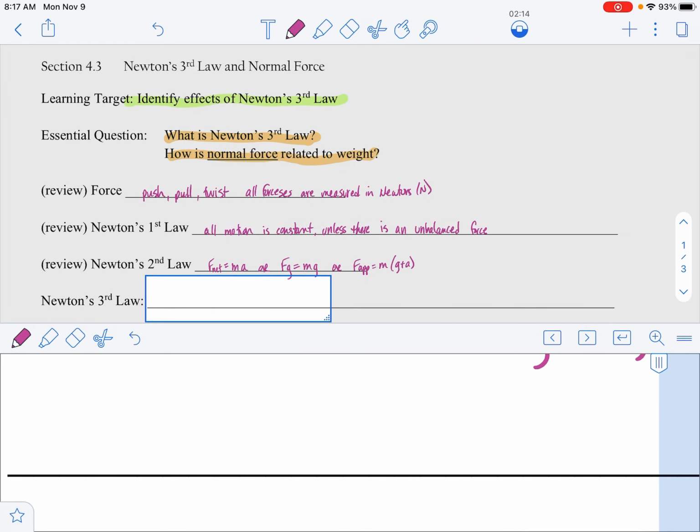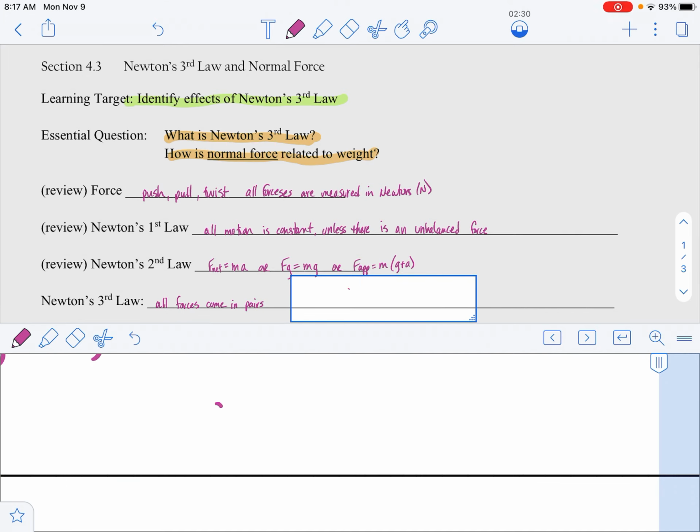All right, here's our new stuff for today, Newton's third law. Newton's third law says all forces come in pairs.